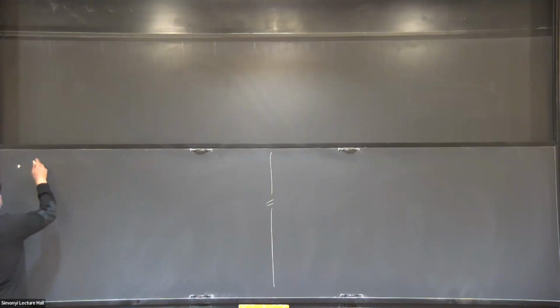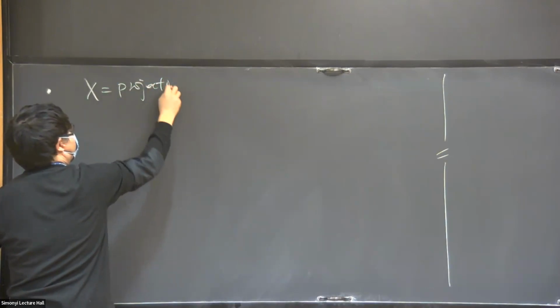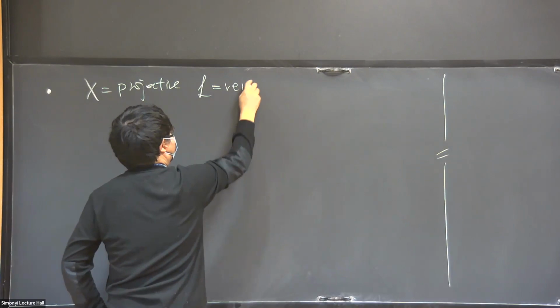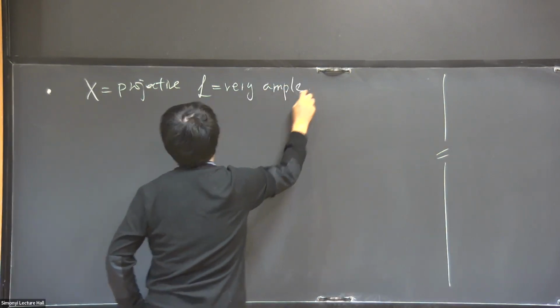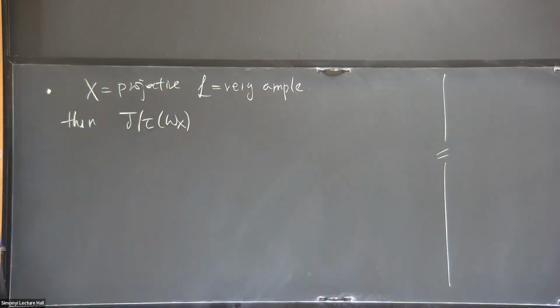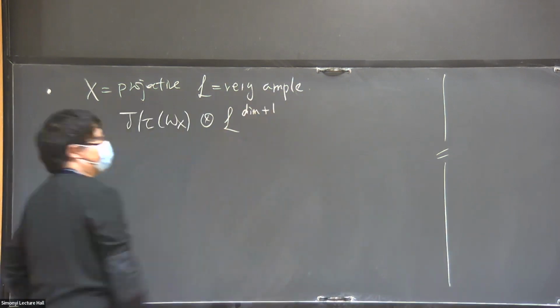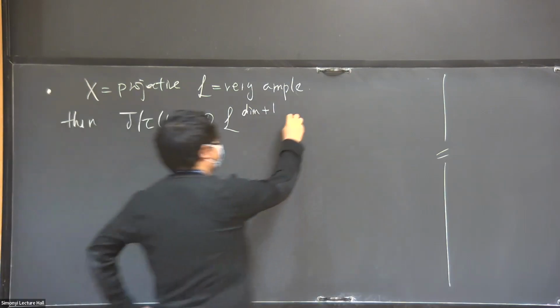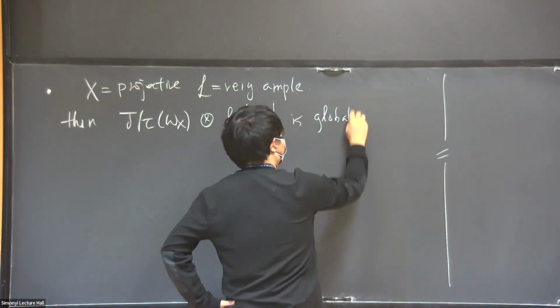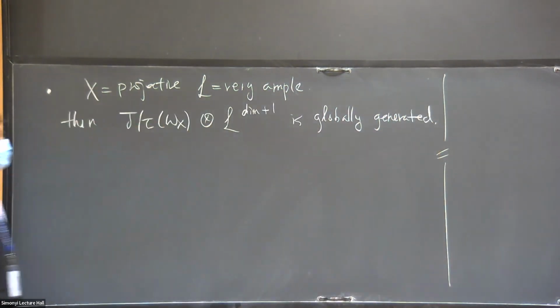So if X is projective, and L is ample, then this subsheaf of the canonical sheaf, if you twist it by L to the dimension +1, then you get global generation, as expected. So this is some sort of global property, and these are not very difficult to show.